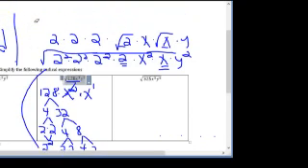So we'll take the simplest part first. 2 times 2 times 2. 2 times 2 is 4, times 2 is 8. So that's 8. And I'm going to do this in steps.